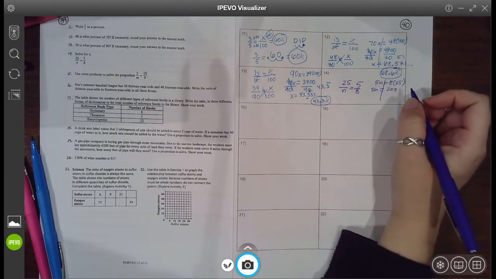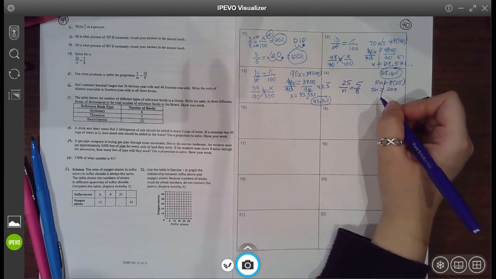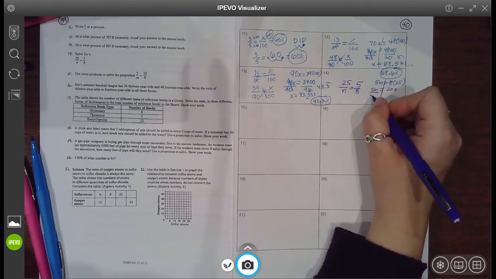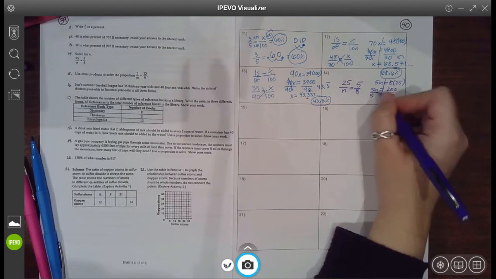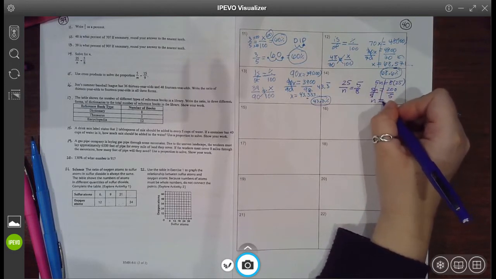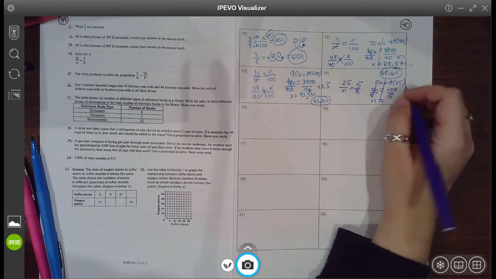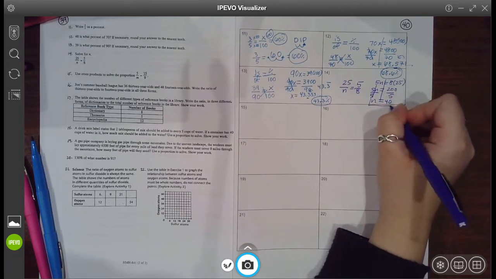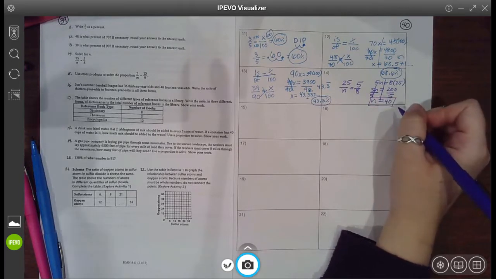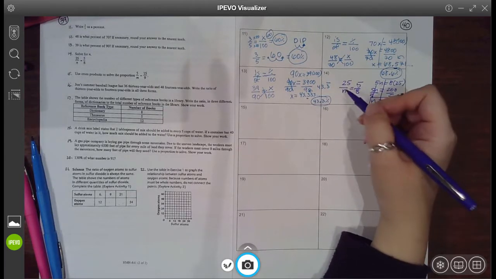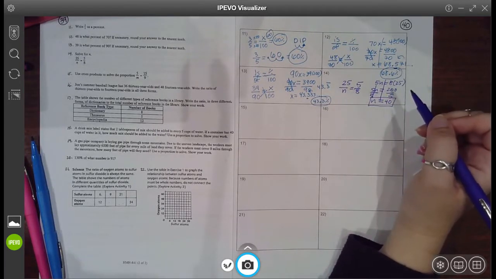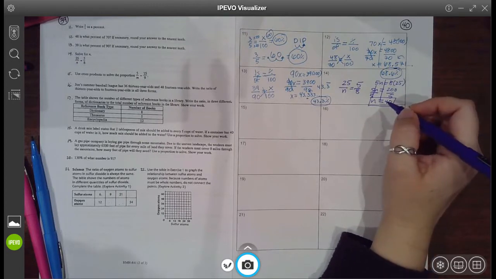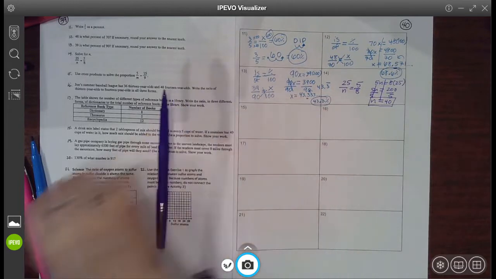To get n by itself, I want to get rid of that 5, so I'm going to divide both sides by 5. Those cancel, and you get n equals, well, 5 goes into 20 four times, tack on the 0, so n is 40. Do I put the percent? No, because I wasn't solving for the percent. It's just right here.